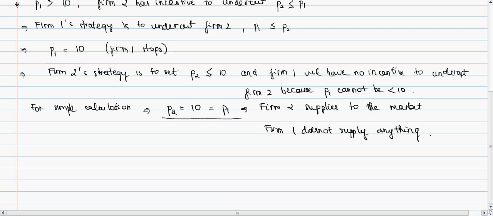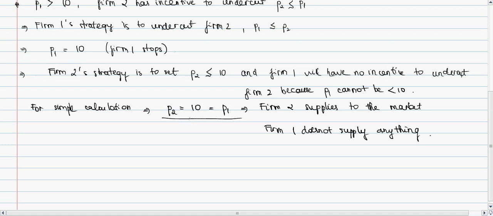Now how about firm 2? Does firm 2 have any incentive to charge a higher price? No. If firm 2 charges a higher price than 10 and firm 1 is charging 10, firm 1 will capture the whole market and firm 2 will get nothing. Does it have any incentive to charge a lower price than this?